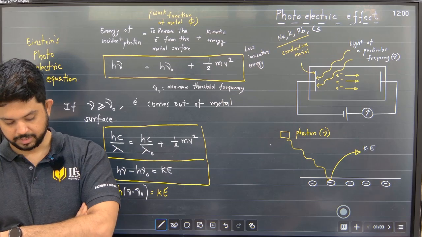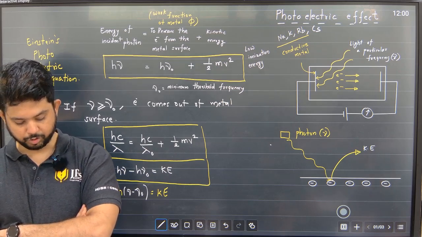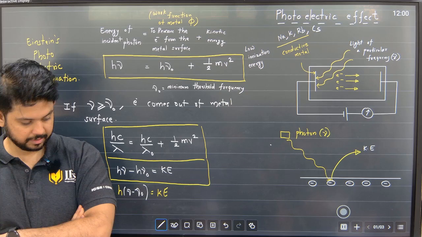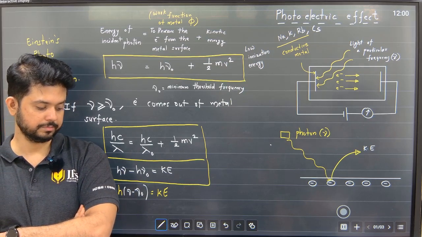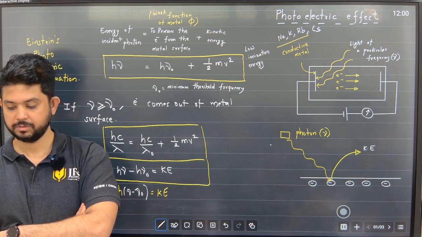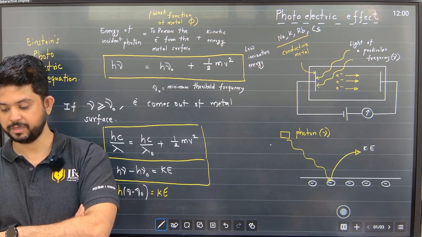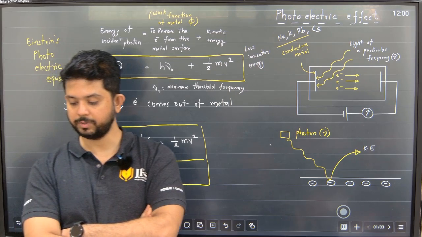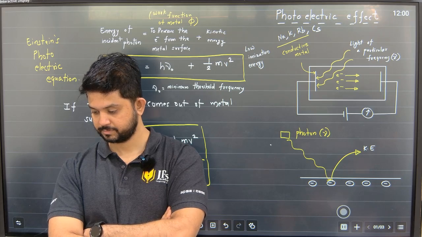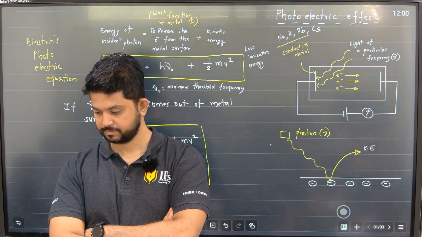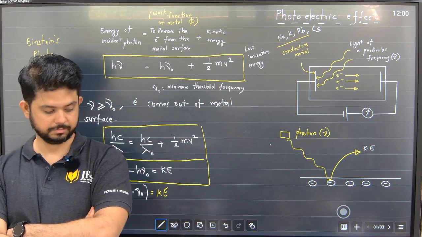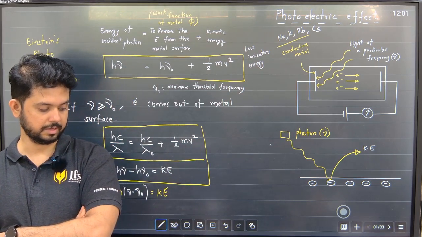And the last point, the energy of the falling photon should be greater than or equal to the ionization energy of the metal.